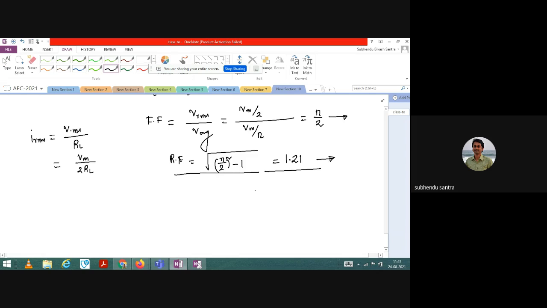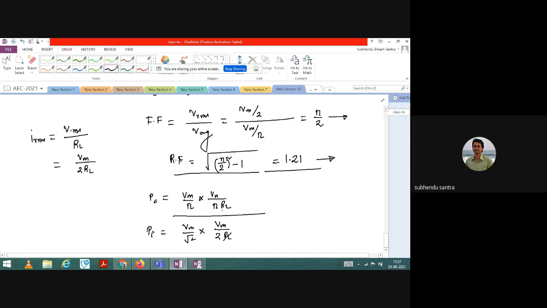Output power we have already calculated, so P0 is Vm by pi into Vm divided by pi RL, divided by P input. P input is equal to Vrms, so Vm by root 2, multiplied by Vm by 2RL.